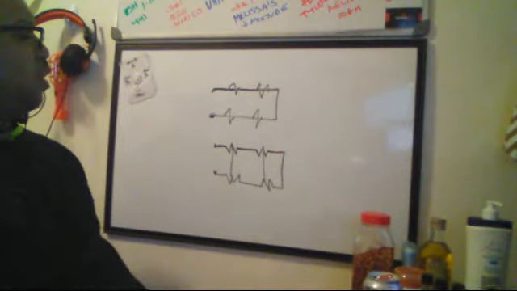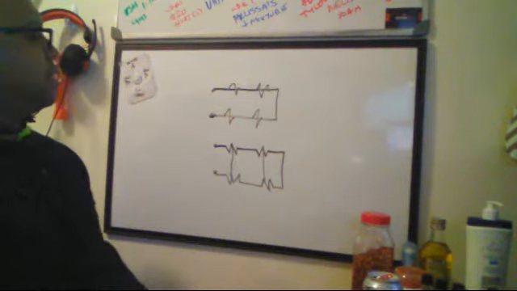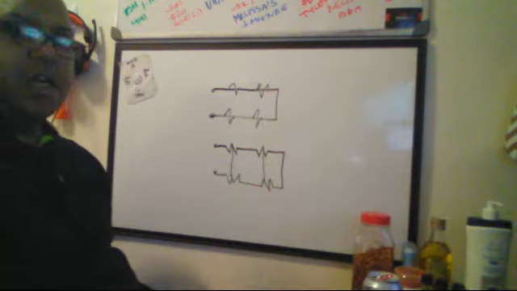So there's more than one electrical path for electricity to flow. A series circuit probably wouldn't look like that. Let me give you another way it would be drawn out.